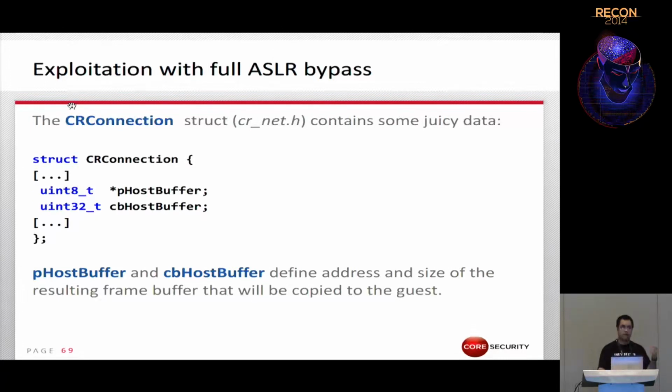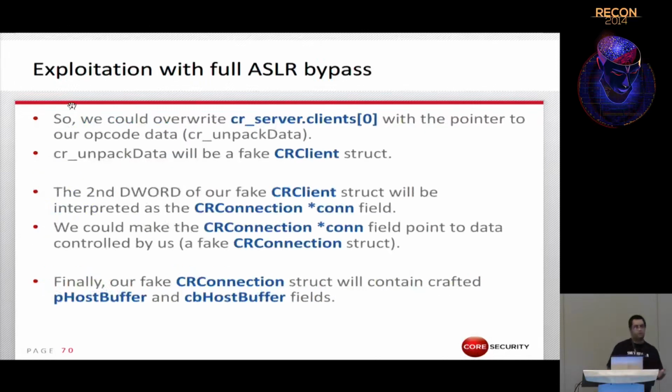So, as you can imagine, if we manage to control the address and the size of the frame buffer, we'll be able to read any memory belonging to the hypervisor from the guest side, that is from the virtual machine. So the exploitation plan is like this. By using the third vulnerability, we can override the first element of the client's array with a pointer to our data. So our data will be interpreted as a fake CR client structure.